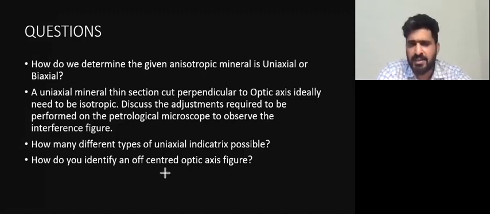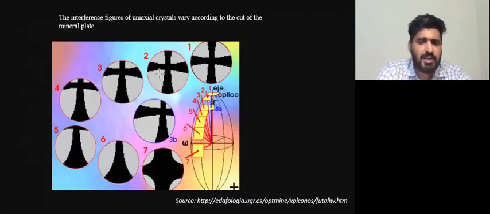We have just seen that is related to how you actually cut the mineral. So you can see in the previous slide, when you rotate it, this is going to be rotating unlike a centered optic axis figure. So that is how you will be able to identify an off-centered optic axis figure.